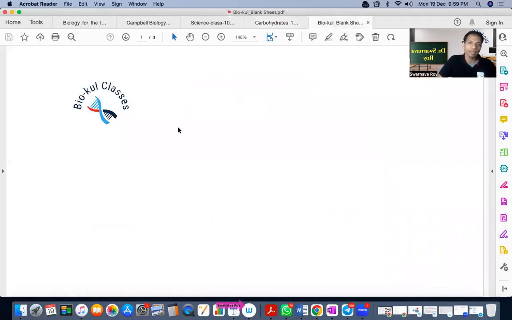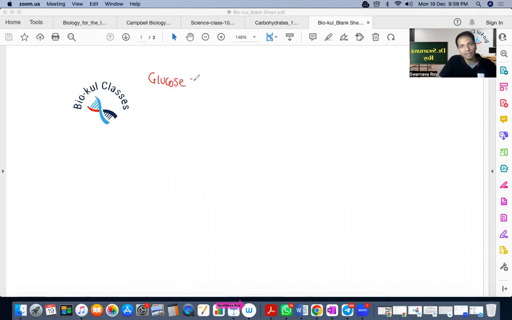When we look at the glucose structure, glucose is a six carbon compound, so six carbon means 1, 2, 3, 4, 5, 6.